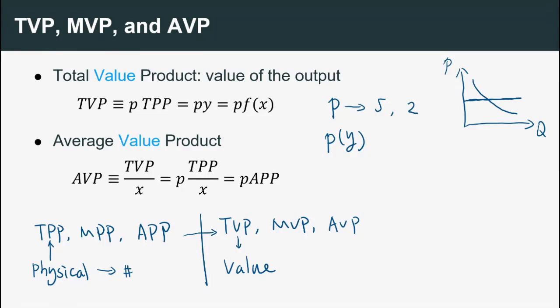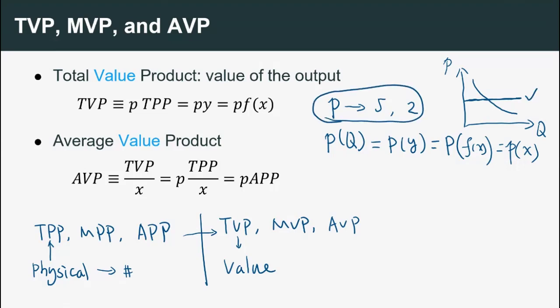Again, if your price is a function of your quantity, which in our case is the output, then you can also write, because Y is a function of X, you can ultimately write price as a function of your input. So this is a case where the firm is not a price taker. Again, if a firm is a price taker, then P is just a constant here. And in the graph, it's going to be a horizontal line.